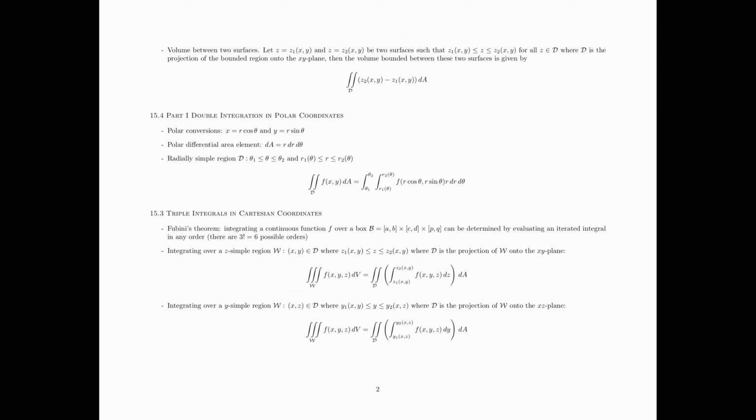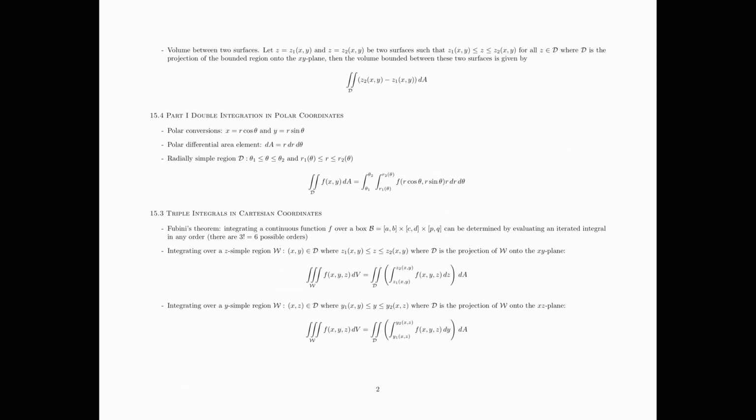So if we have two surfaces, two functions, z1 and z2, such that the z1 surface is below the z2 surface for every point in some domain D, where D is some subset of the plane, and in particular it is the projection of the bounded region onto the xy plane.